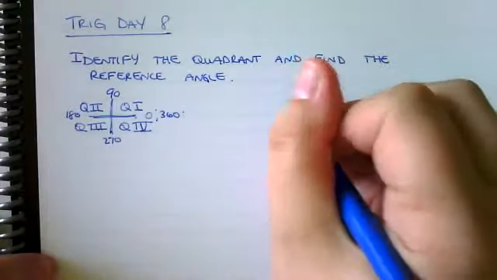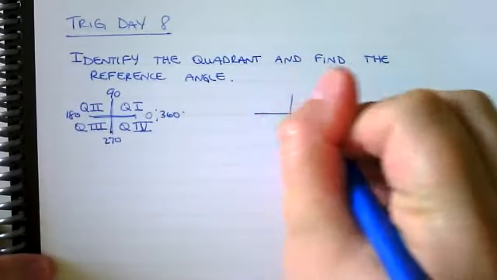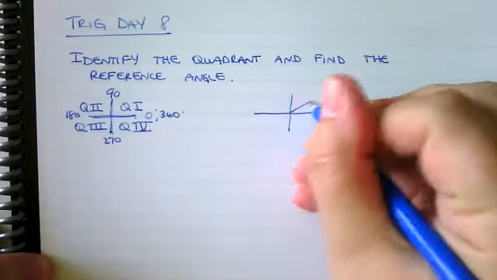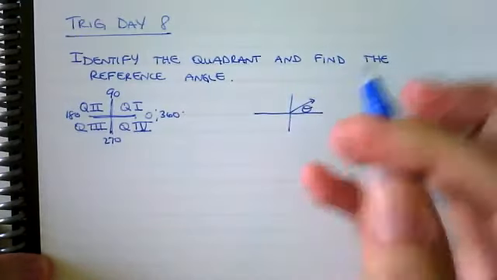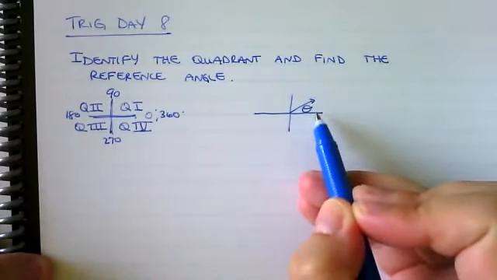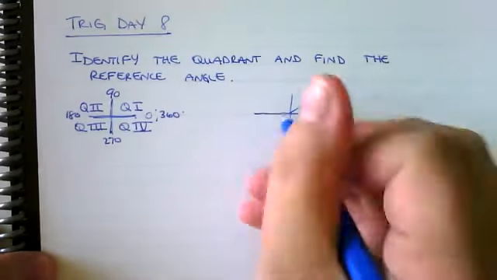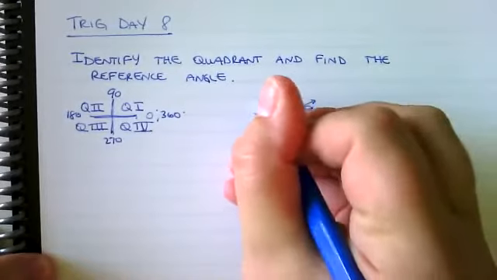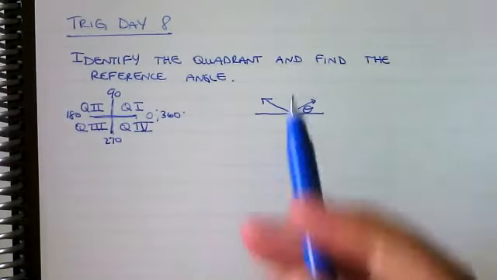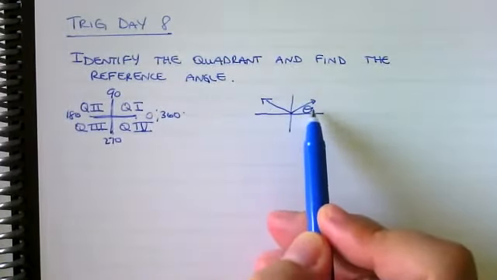So when we find a reference angle, if I have this angle here, that is my reference angle because it's just in the first quadrant. That is the reference angle. So when I'm in the second quadrant, this angle looks similar to this one.